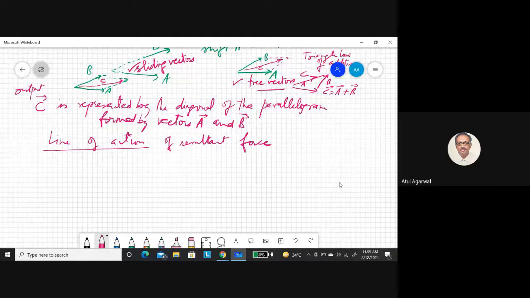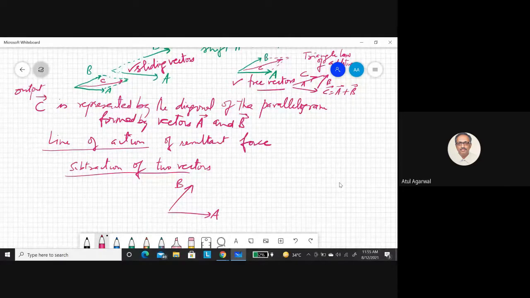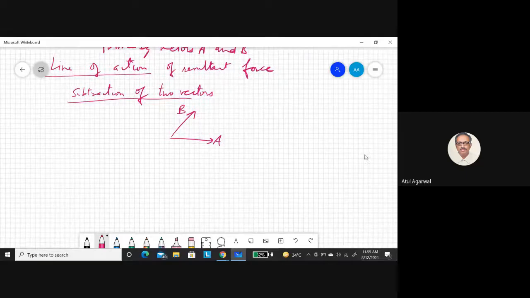Now how do you subtract two vectors? That is not a very difficult job. Suppose you have got a vector A, you have got a vector B. Now you know what is minus B. You have to go the other way around.